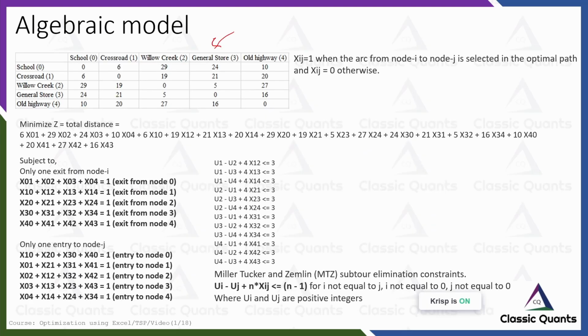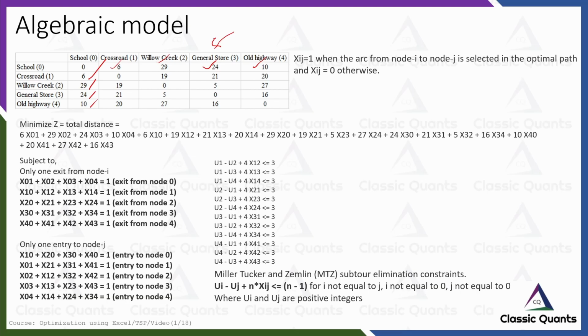So I have assumed the same distance is available in the backward movement also. That means there is a complete symmetry. So that is why I have completed the entire table in this way. For example, this is 6, 29, 24, 10, and I have taken the transpose of that, that is 6, 29, 24, 10, and in this way I have completed the entire table.